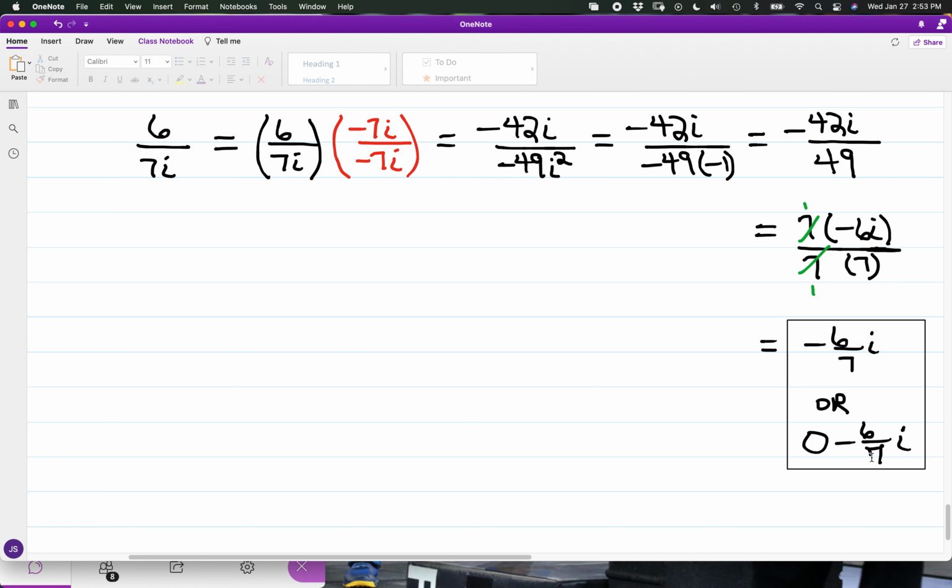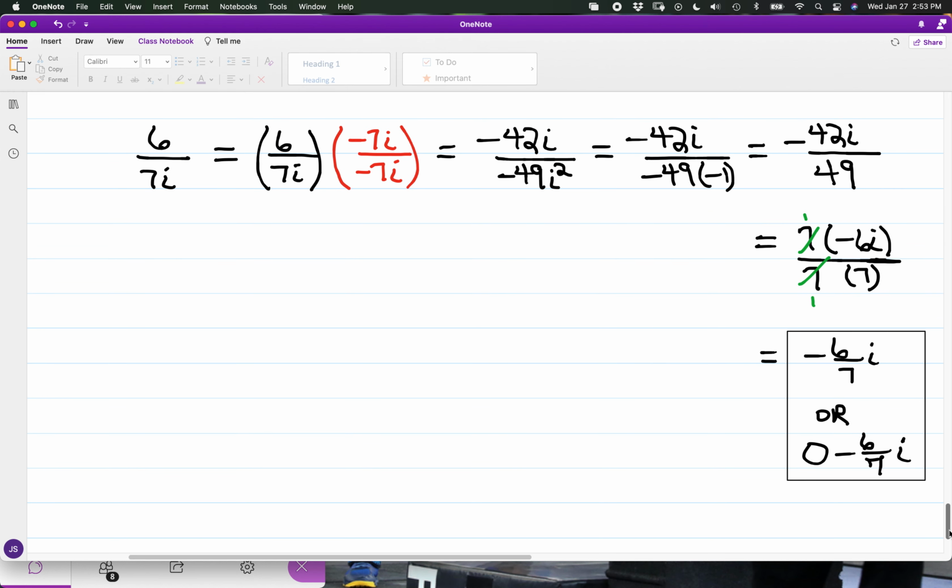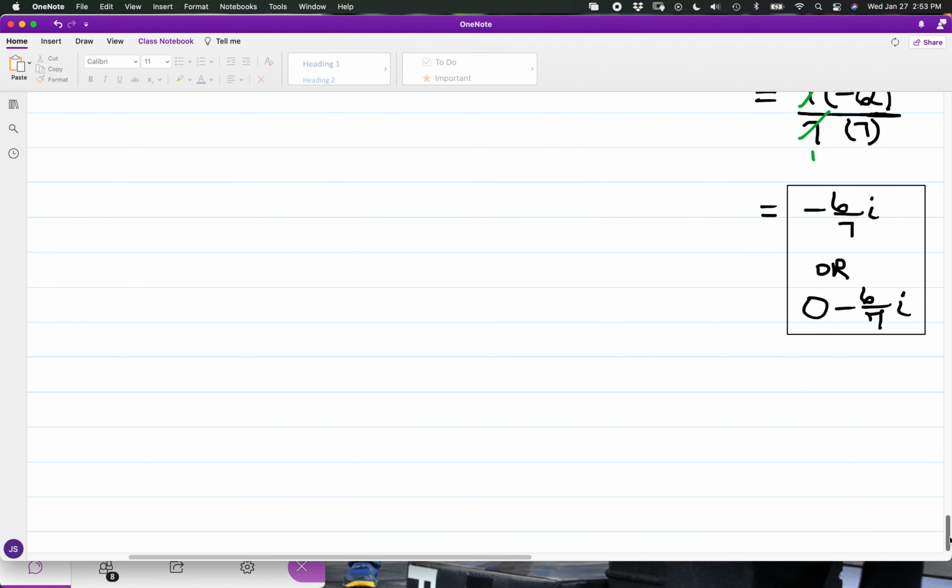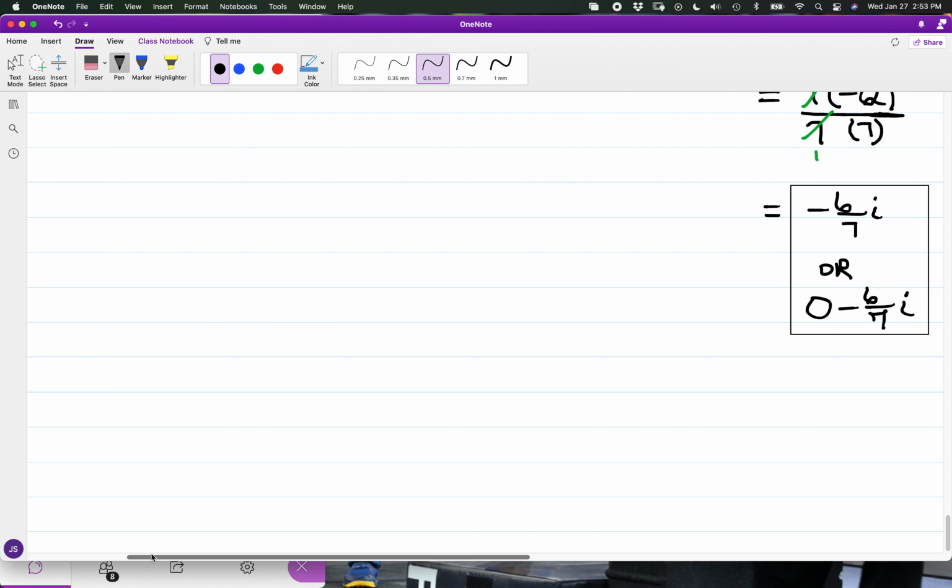All right, now in the crossover and still working with complex numbers, we've looked at operations like adding, subtracting, multiplying, and dividing. But let's say you're looking at solving for a variable in the complex number system.